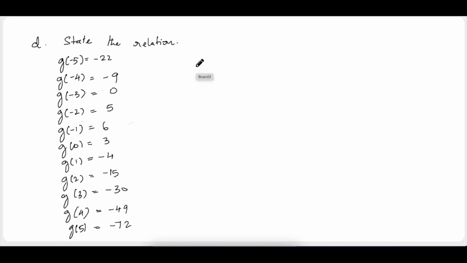So we have already seen many times that to find the range and the relation, it is sufficient to find the values for minus 2, minus 1, 0, 1 and 2. But in question A, we have already found values from minus 5 to plus 5. So let us use these values.